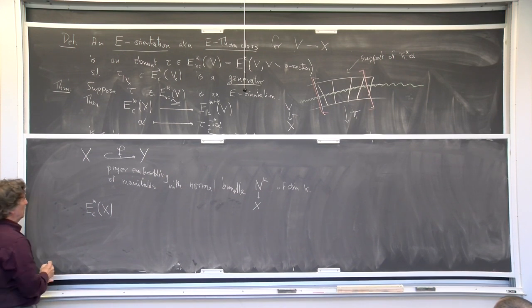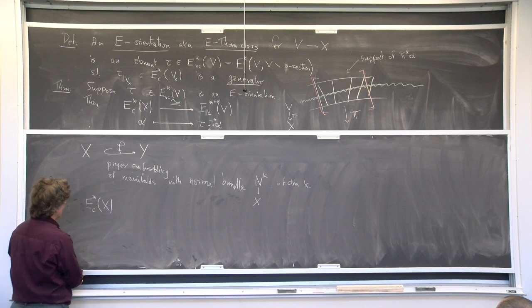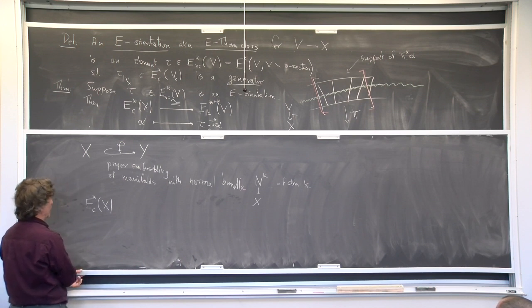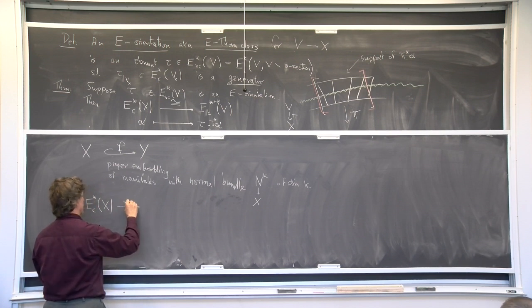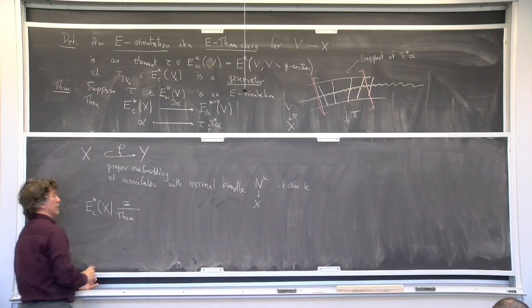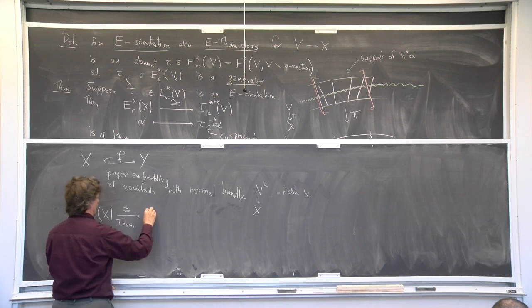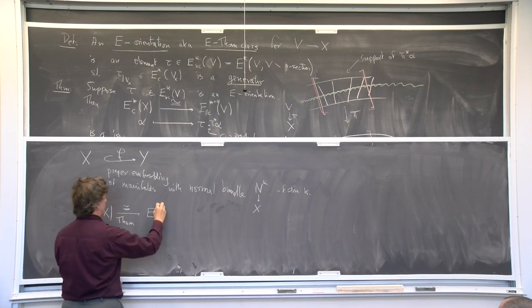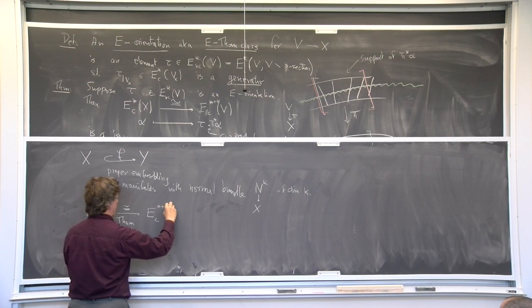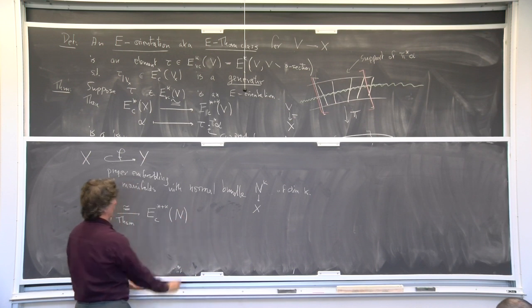So then I can do the following thing. I can take an element in the E-cohomology of X with compact support, and then I can use my Thom isomorphism, multiplying by my Thom class, to say that's isomorphic to the cohomology with compact support, shifted by k, of the total space of my normal bundle, right?